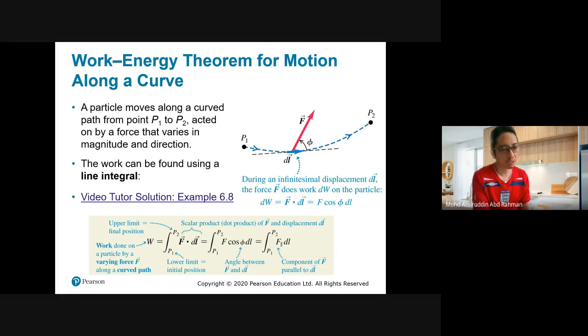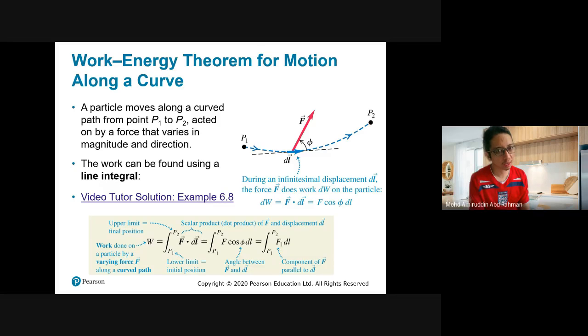So how to solve it? We have W between point 1 and point 2. We want to find the integral of F dot dl.